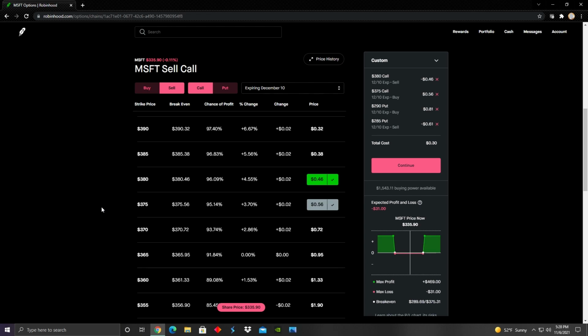So we can see right here, the other break even point is $375.31, because once it rises to that point, we've officially collected $31, which is exactly how much we spent in order to open it up. And then everything after that would become $1 of profit of our total $469 of profit.